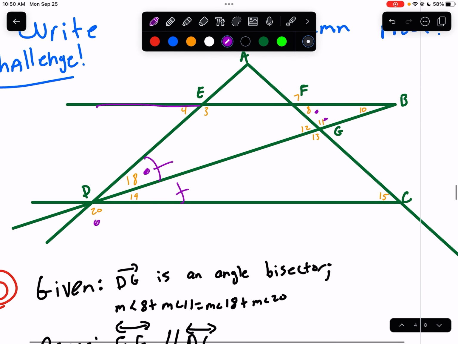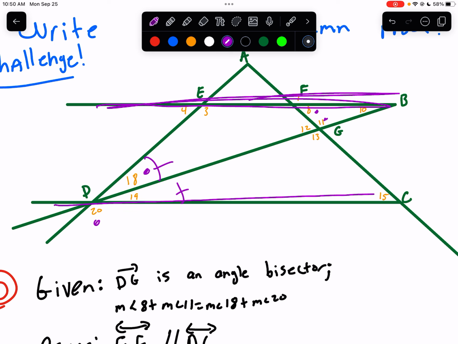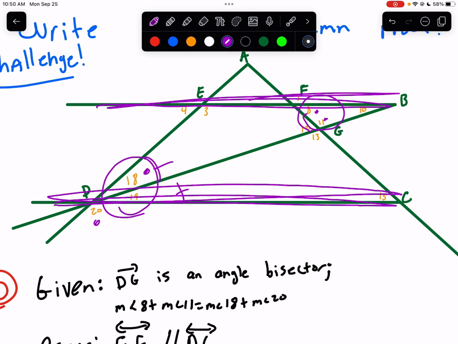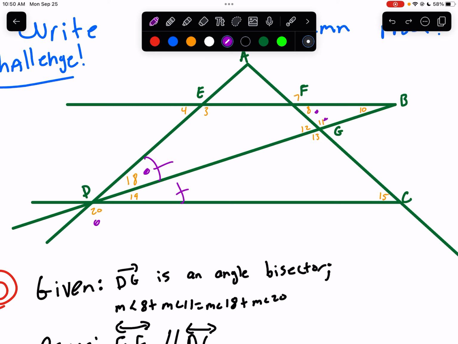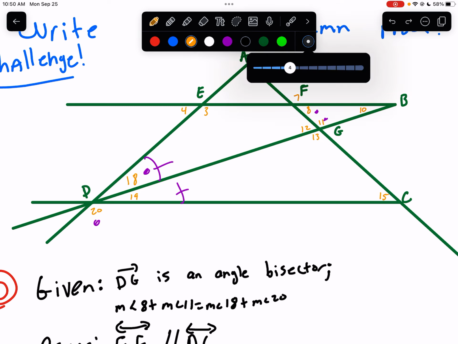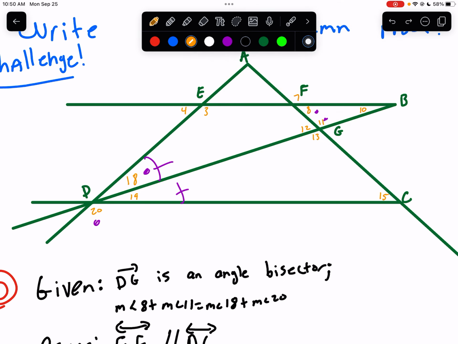So let's look at those real quick. Here's EF up here. Here's DC down there. We have information up here and down here. There's only one connection between the purple lines. And actually, I'll make it a different color here just so we can kind of see it a little bit better. So we're trying to get these two lines to be parallel.